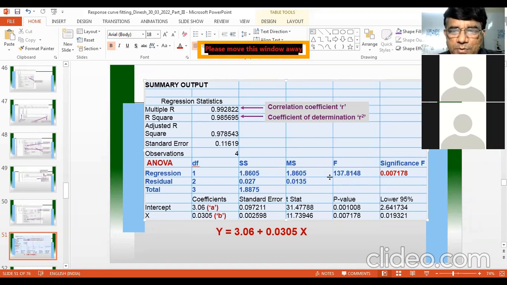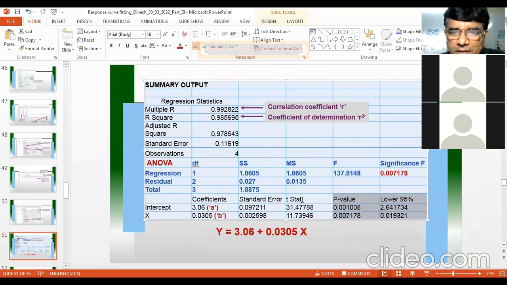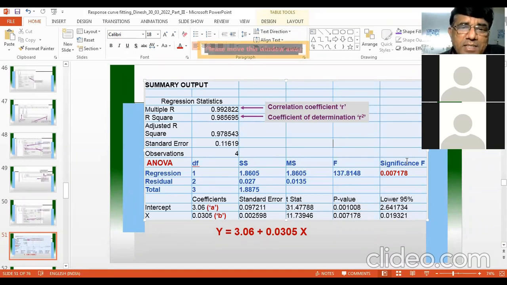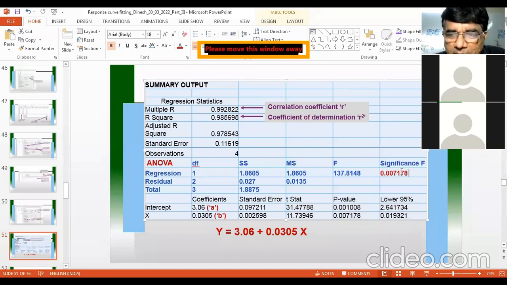This is F calculated, which is significant at, you can see this, just forget this part. You do not bother about this part. Now you see significance, whether it is significant or not, whether your equation is linear or not. Here, this is the significance level. You multiply it by 100 and that will be your level of significance.